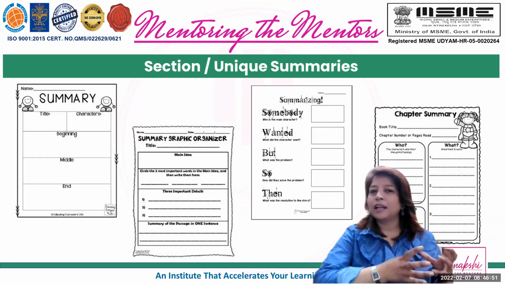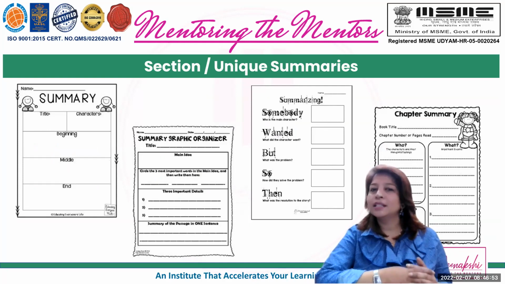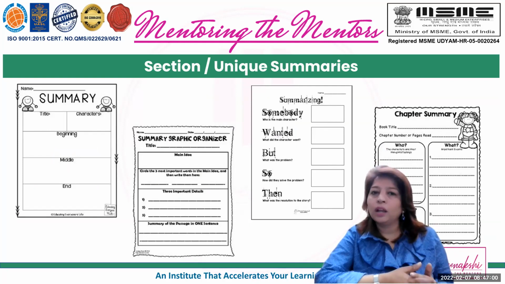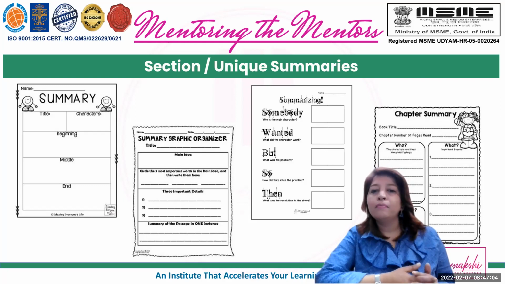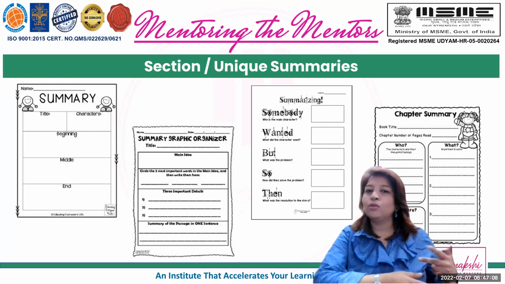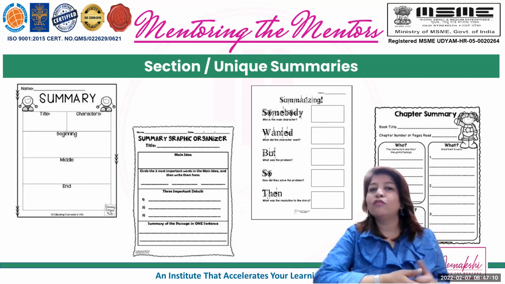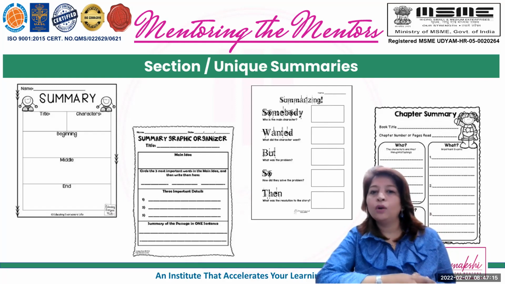You can bring that kind of innovation into summary presentation. They would talk about the title, the characters, and the beginning, middle, or end of the story. Or, as you can see, they can do a 3-2-1 kind of book review. And apart from it, they can also use Somebody, Wanted, But, So, Then.